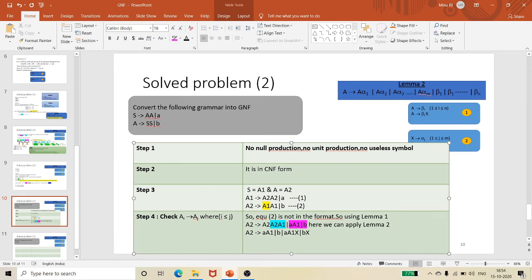Likewise, I need to find x, where x is equivalent to my alphas. My alphas is a2 a1, so a2 a1 or a2 a1 x. So this becomes my equation 3 and this becomes my equation 4.